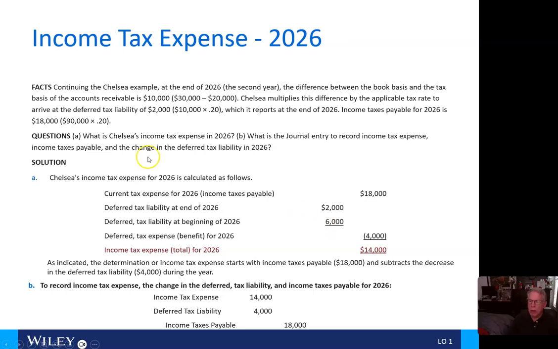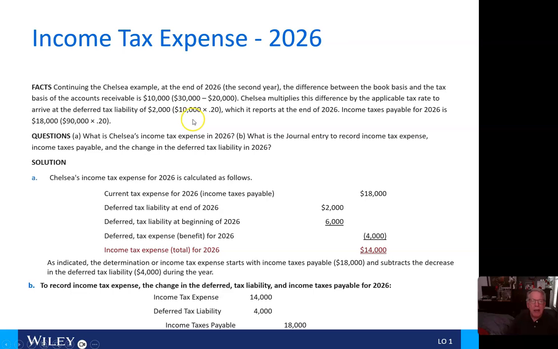Okay, so now if we look at the continuing Chelsea example again, we find that the difference between book and tax is $10,000. That's $30,000 less $20,000. They multiply this difference by the applicable tax rate to arrive at the deferred tax liability of $2,000. That's $10,000 times 20%, which it reports at the end of 2026.